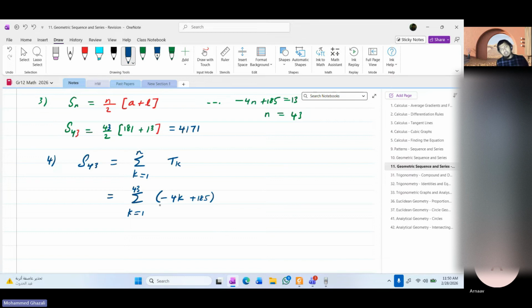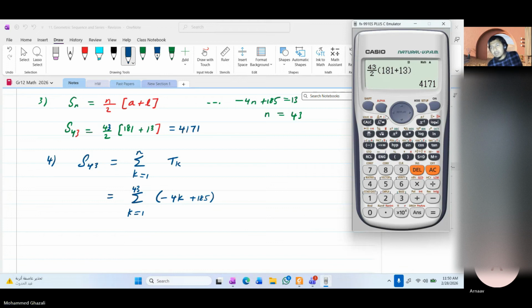Now I will show you on the calculator that I will get the same thing if I type the sigma in. So shift sigma, negative 4 alpha x plus 185. Come down 1 to 43. You get 4171, same answer, right?